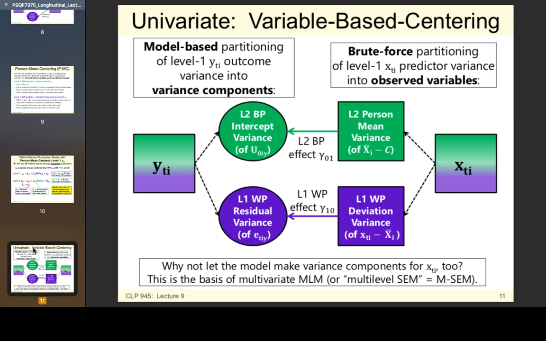On the outcome side, we let the model partition the variance into a level 2 between-person intercept and a level 1 within-person residual. We have tried to do the same thing with observed predictors, where the person mean is the brute force way of giving ourselves a random intercept, and the within-person deviation from that mean is a brute force way of getting a residual.